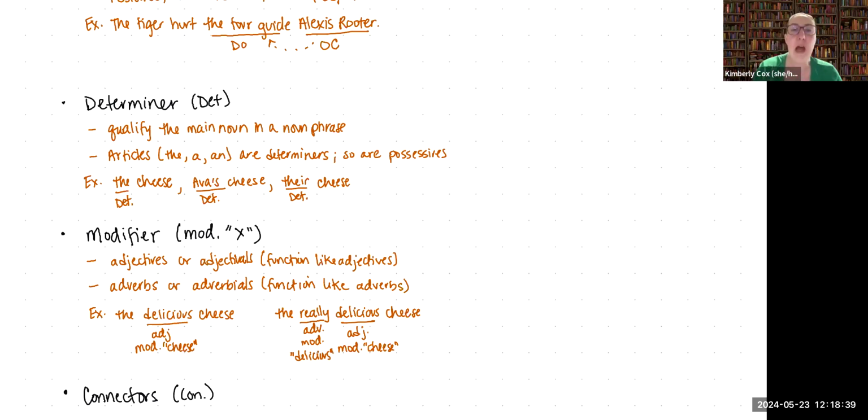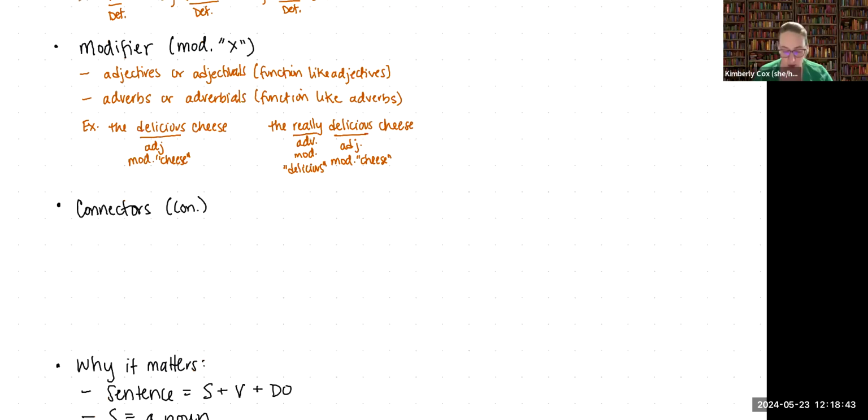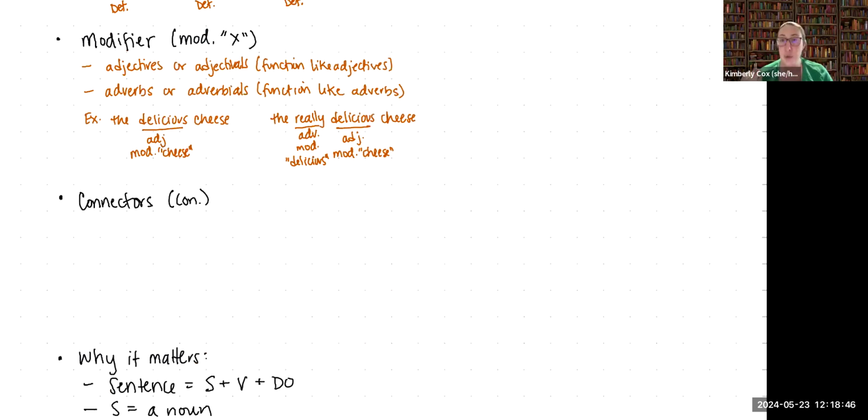Okay. The next type of word that I want to talk to you about are connectors, or connecting words. These are most commonly going to be conjunctions. They connect words or groups of words or sometimes whole sentences.